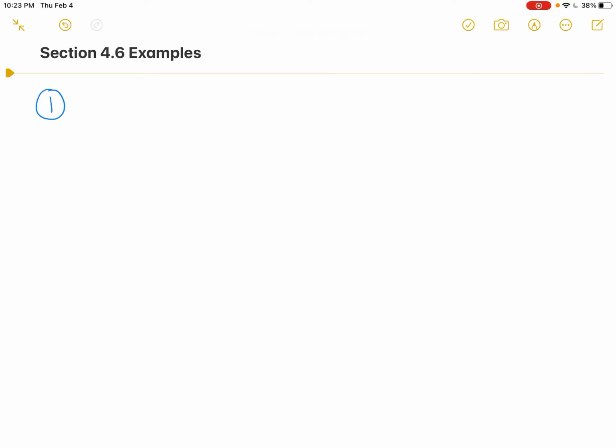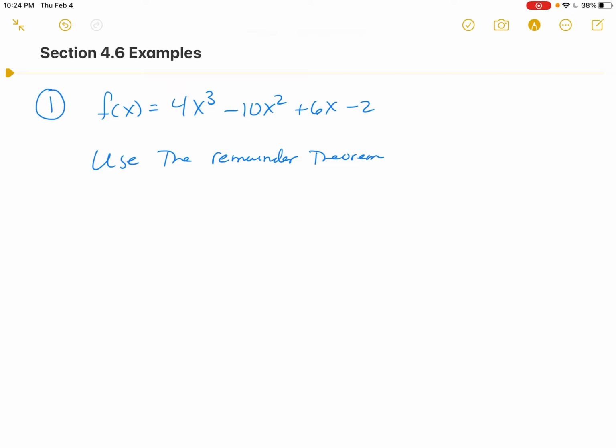If I go through some of the initial examples, we'll do some that we kind of did in the last video. F of x is equal to 4x cubed minus 10x squared plus 6x minus 2. And the question is to use the remainder theorem to find the remainder when f of x is divided by x minus 2.